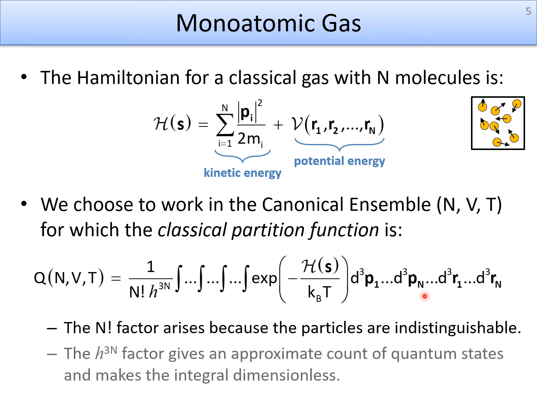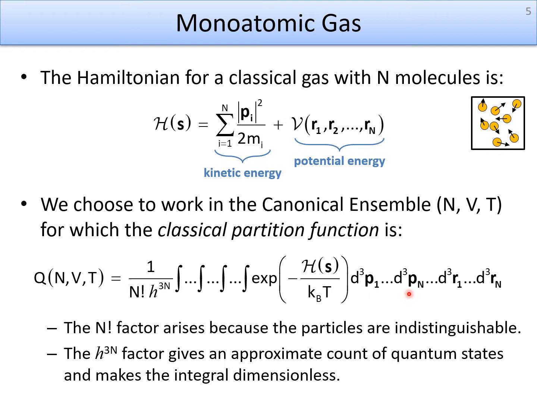The second term gives an approximate count of the quantum states, right? This is this term here, 1 over h to the 3n power. So this gives an approximate count of the quantum states in a small region of the phase space denoted by this differential. And of course it makes the integral dimensionless.